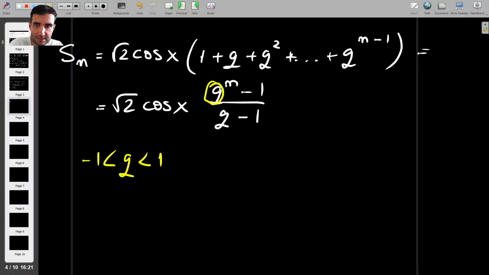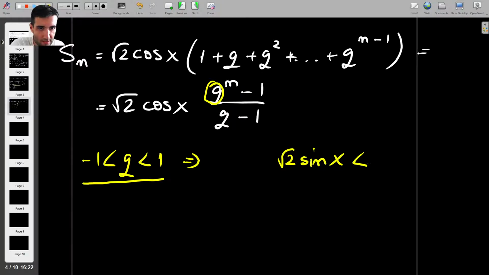So as n becomes infinite, for the sum to not become infinite, we must have q between −1 and 1, without −1 and 1. Let's remember what q is. q was root 2 sine x. So we have root 2 sine x between 1 and −1.